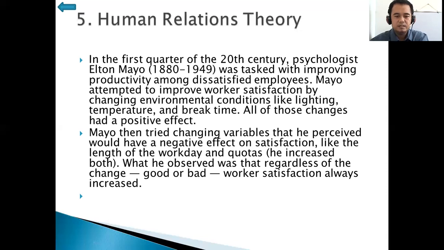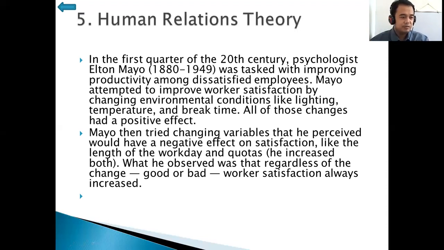And then, regardless of change, good or bad, worker satisfaction always increased. In order for you to become one of the successful businesses in Parañaque, for example, provide good quality products and have happy employees. By that, you can reach your goal later on.